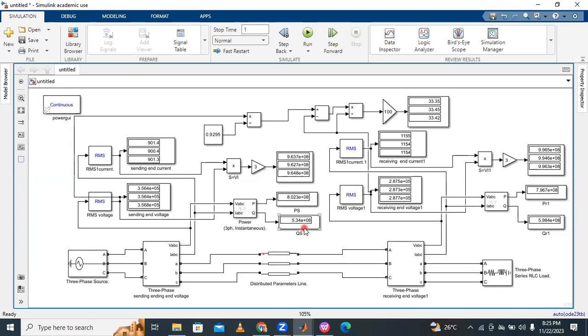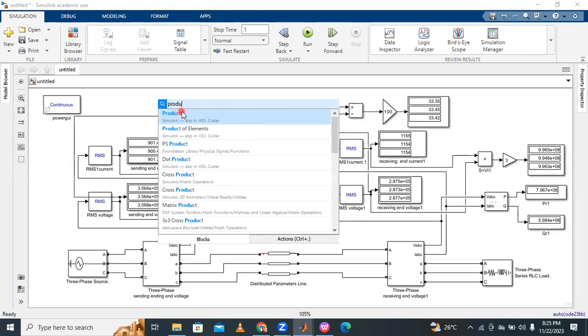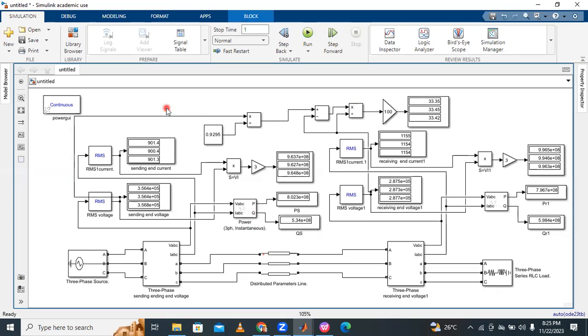Then how to find the apparent power, that is S equals VI. Take one product block from the library; by writing it on the screen you will get this element directly. The product block gives S equals V into I. One input is VRMS and the other input is current IRMS.